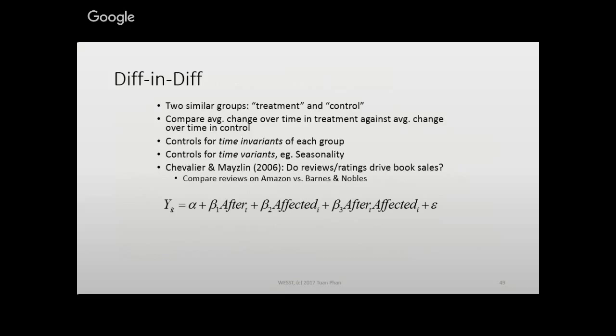So this is a binary 0, 1 after some t, whether that group was affected or not. Then we multiply the two together, saying this group was affected and in that observation it was after the treatment. Okay, so that's the strategy that the Chevalier-Mason paper used.